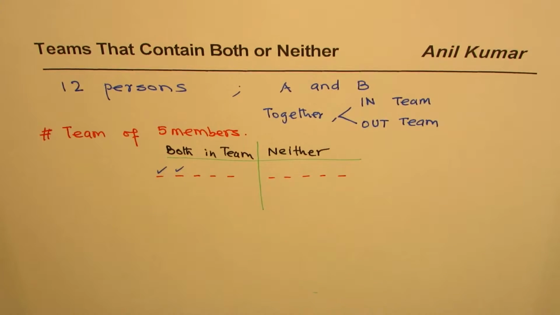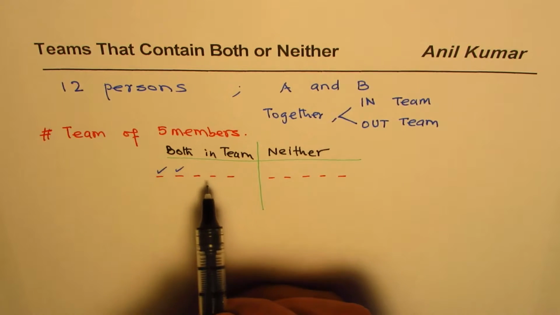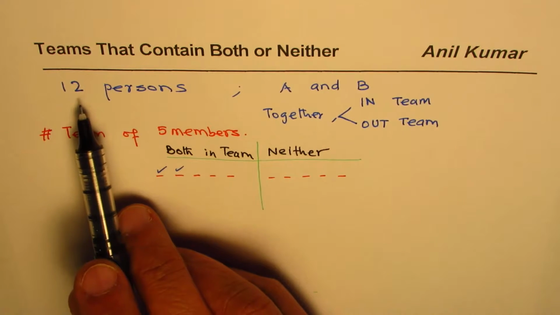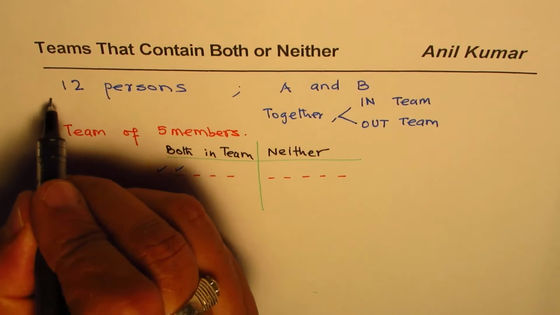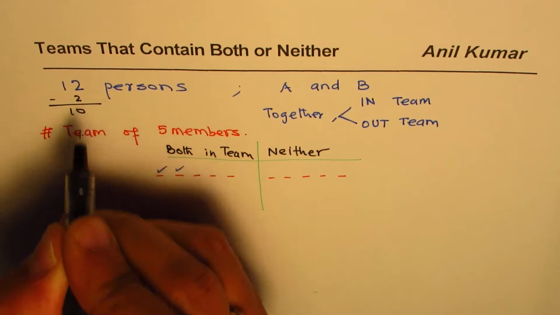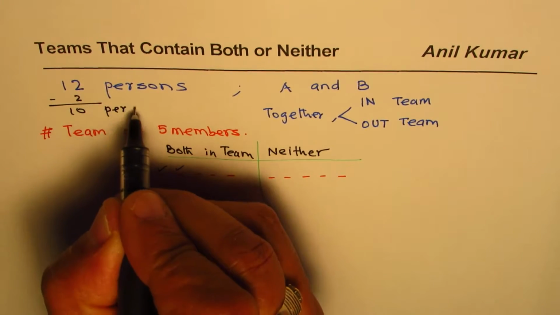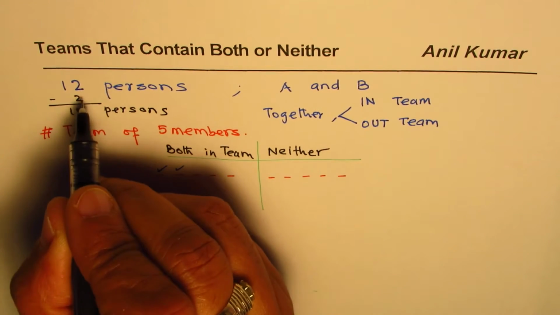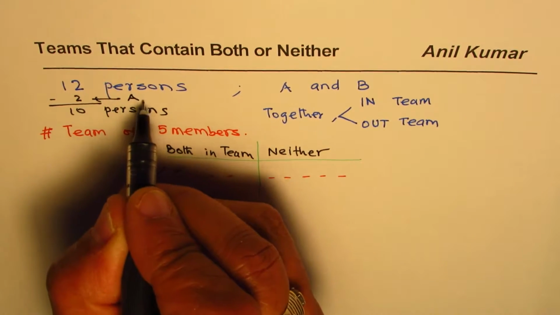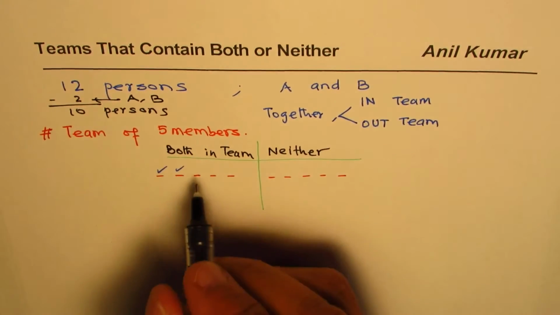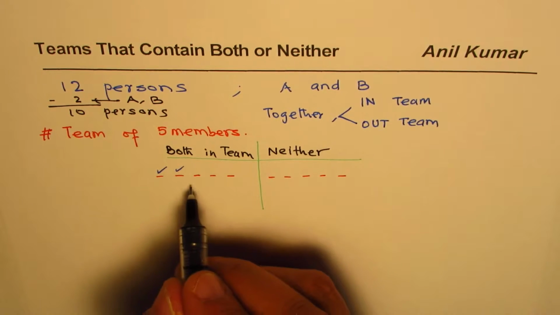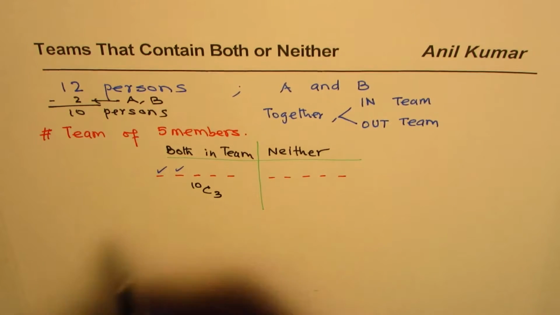So in this case, we have to select 3 out of the remaining 10. If we take away 2, we are left with 10 persons, and these 2 are A and B. So we have to select 3 out of 10, so it is 10C3.